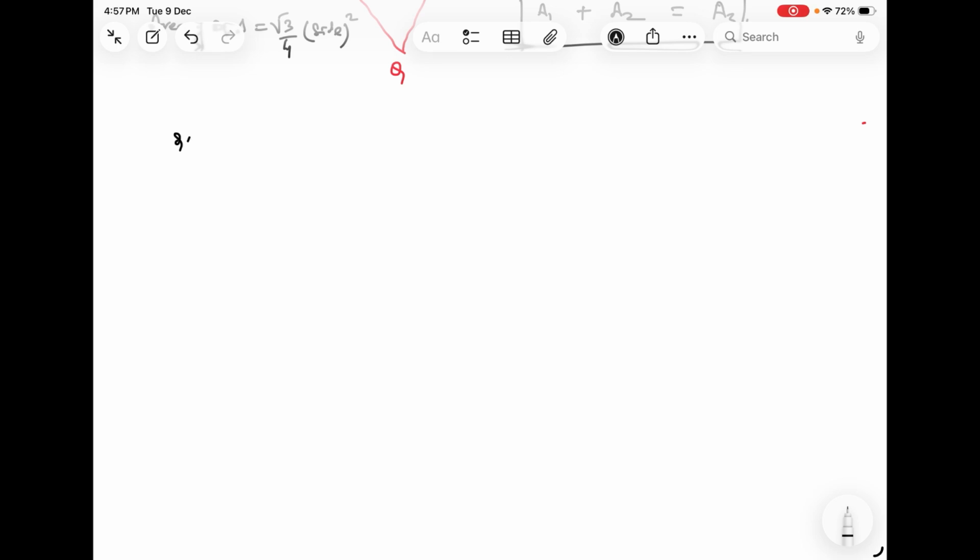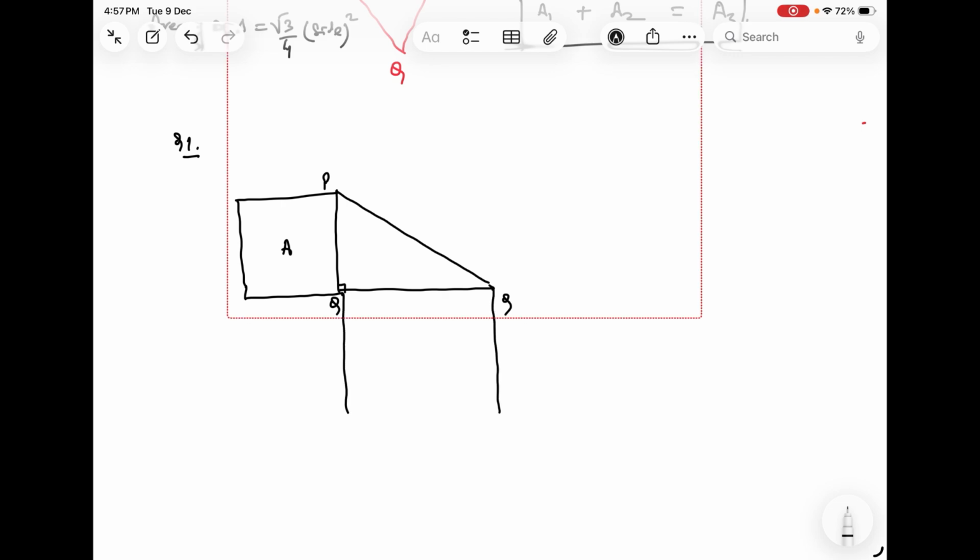Question number 1. There is a triangle PQR, right angle at Q, and there are 3 squares. One here, then we have a square on the second side, QR, and one square over here.